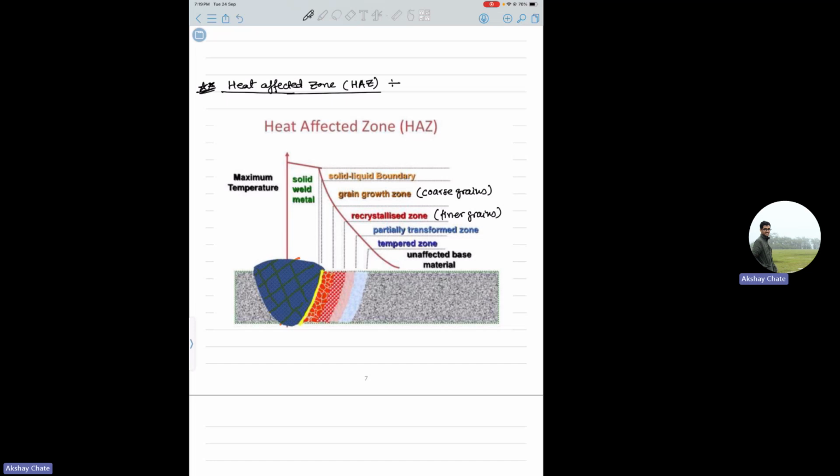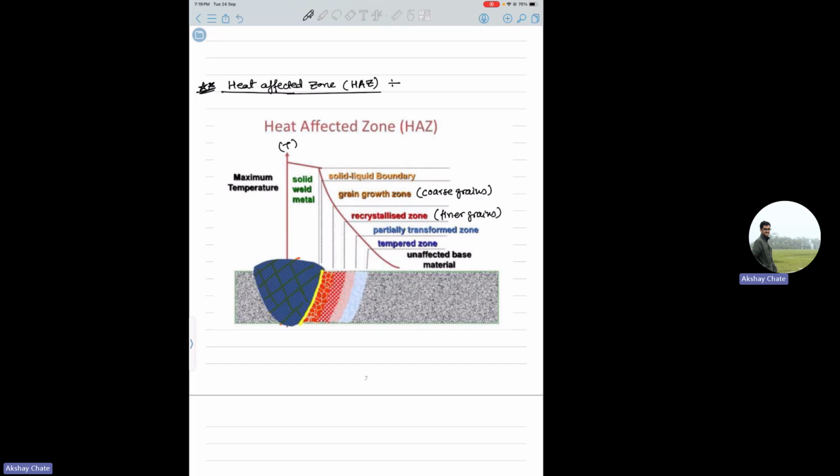Okay, and then you have these other zones where partial transformation, tempering, etc. That you understand, right? Because this red line is actually your temperature. Because everything happens because of temperature. And as you go away from the bead, there will be lesser temperature and not much happens there.